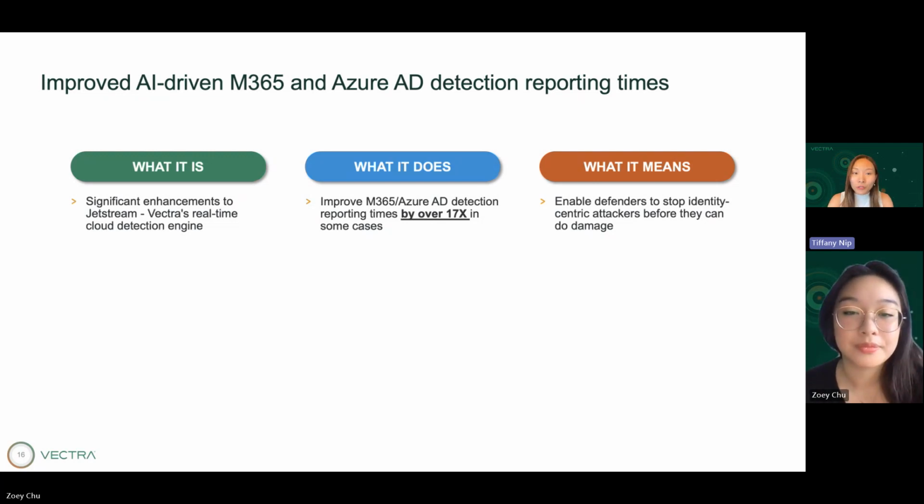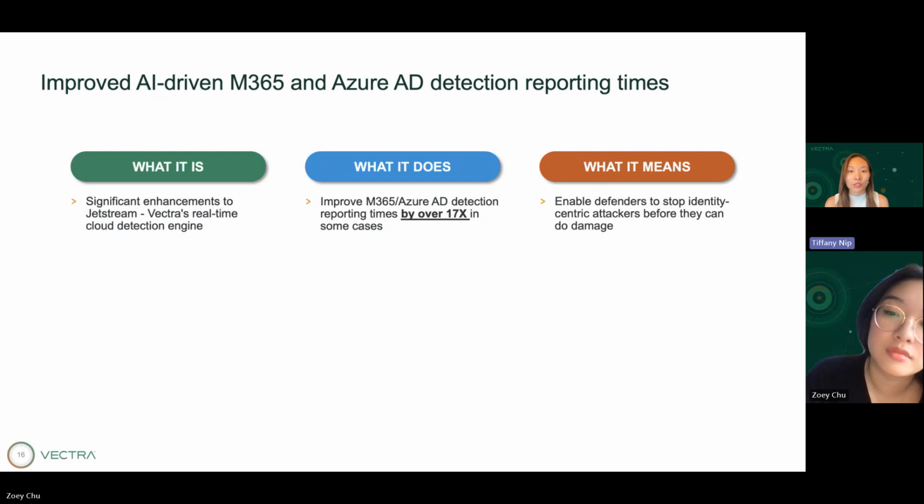And we have improved M365 and Azure AD detection reporting times by over 17 times in some cases, which is a lot of enhancement speed-wise. Ultimately, it really helps our defenders stop identity-centric attacks before they do damage, pretty much at the time when it happens. So it has a large impact on our customers' investigation, detection, etc. Wow, 17 times. That's a huge number there.